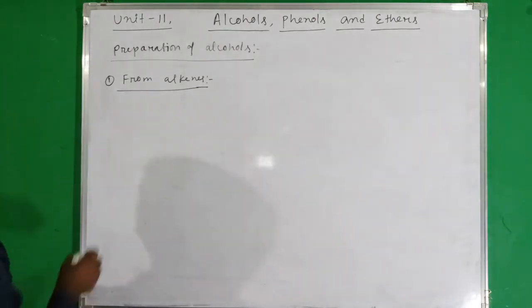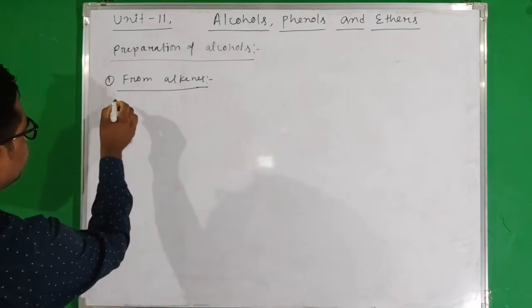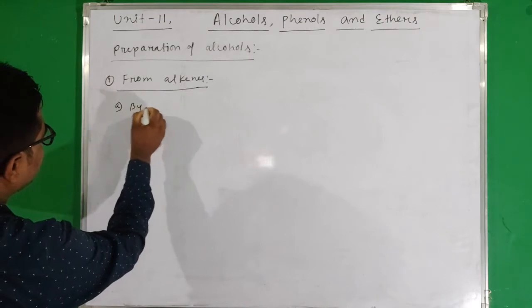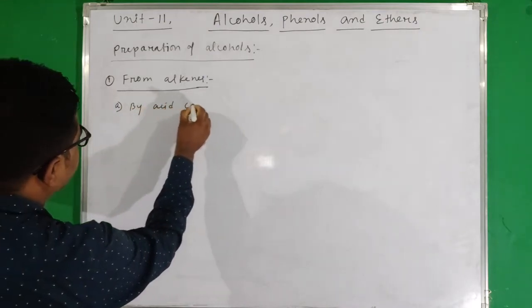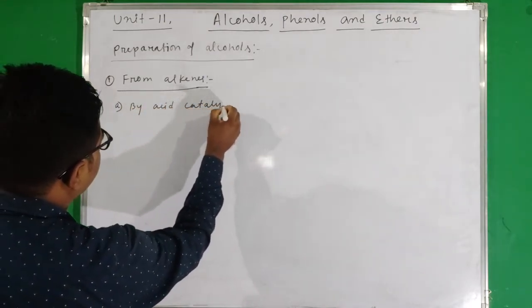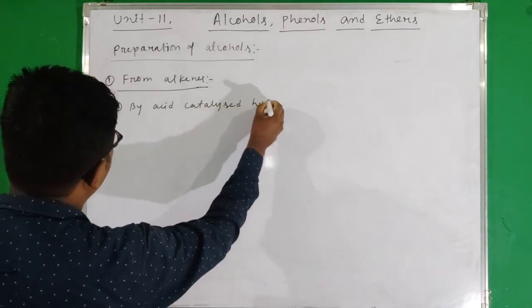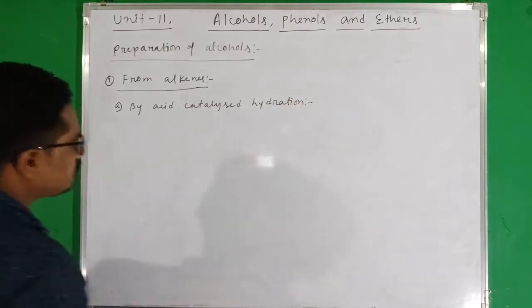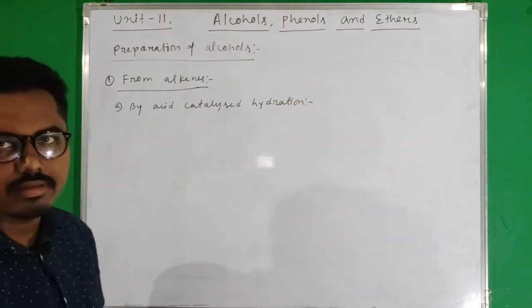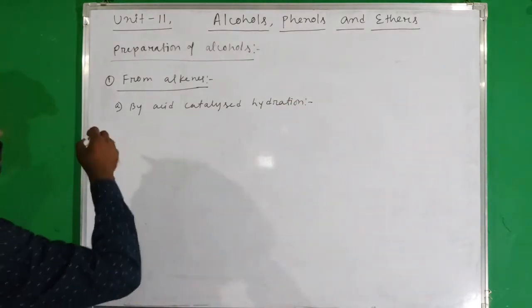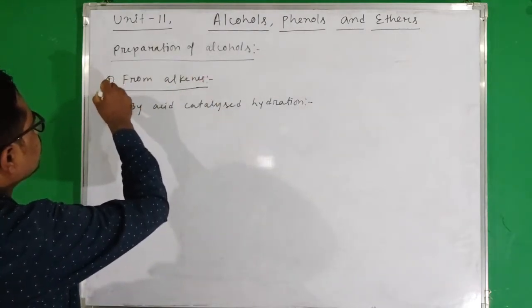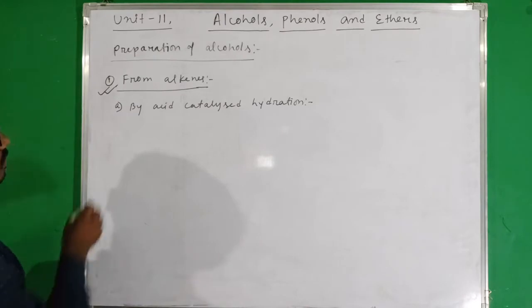To prepare alcohols from alkenes, the first method is by acid catalyzed hydration. Hydration means addition of water. Okay, so our heading is preparation of alcohols, and now we will prepare alcohols from alkenes.